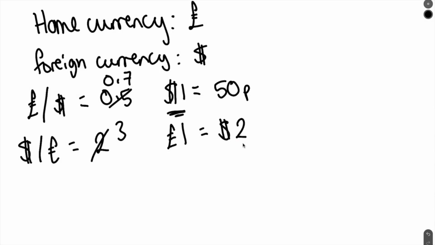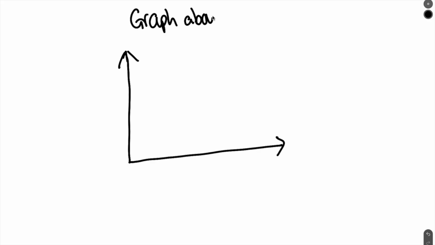So what we need to do is think about the supply and demand diagram. Now, it depends on which currency you want this about, okay? So for the minute, I'm going to do a graph about the pound. But obviously, because it's exchange rates, we do need dollars in there somewhere, but ultimately it's a graph all about the pound. So the demand for the pound and the supply for the pound.